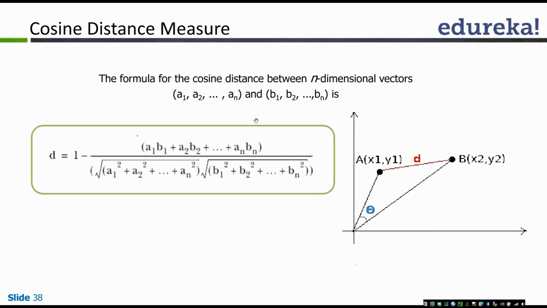Okay, this is another distance or similarity measure, cosine distance or cosine similarity, which measures the angle between the two points. Here the two points are A and B, with components A1, A2 and B1, B2 instead of x1, y1 and x2, y2.